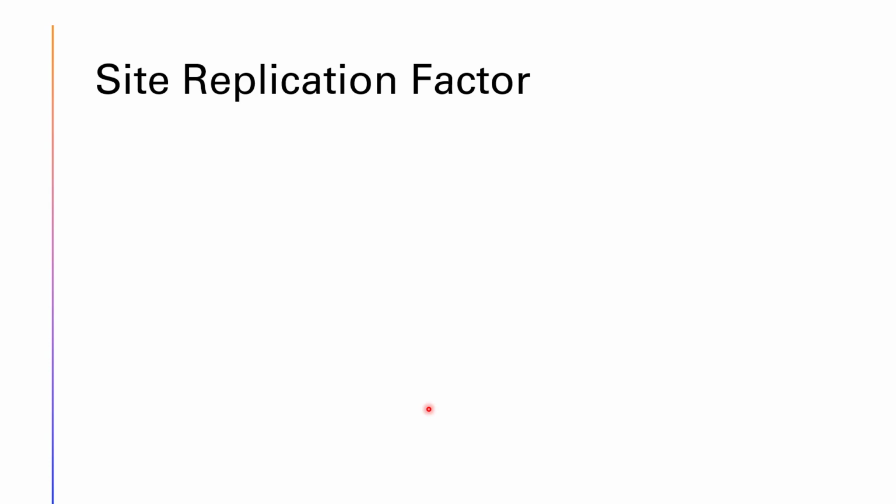We will see that when we do the demo. The main concept for the multi-site cluster is the site replication factor. This is the change from the normal clustering configuration. This is important. Let us first see where we can define the site replication factor. We need to define it in the manager node.